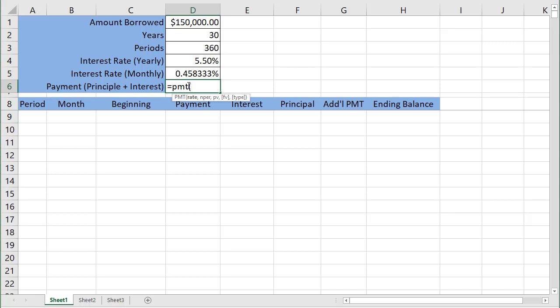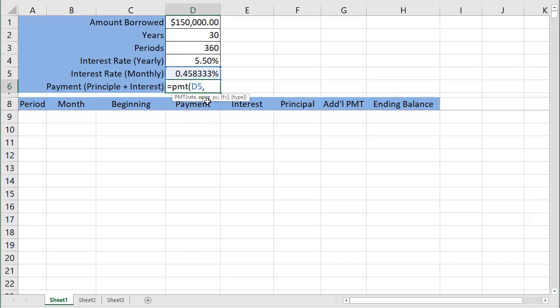So the first thing I put in is the rate, and that means interest rate per month, and I've already calculated that. It's going to be this number right here, 0.45833%.